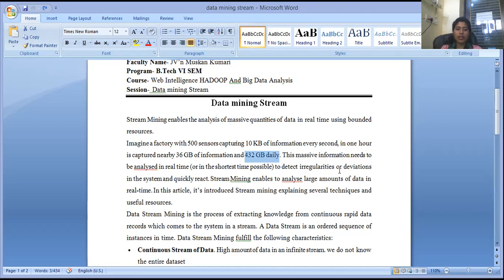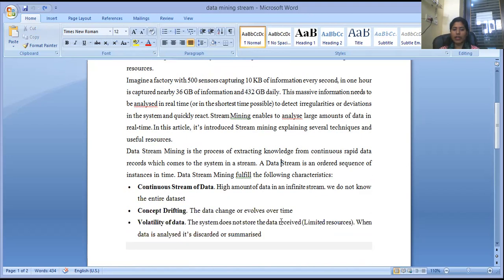So this introduces stream mining, explaining several techniques and useful resources also. See here. Data stream mining is the process of extracting knowledge from continuous rapid data records, because 432 GB per day of information is captured by the sensors.